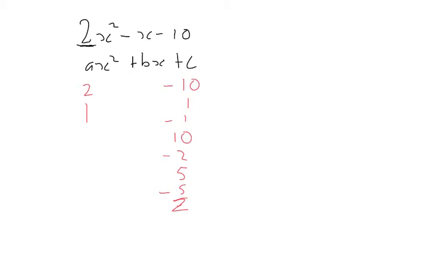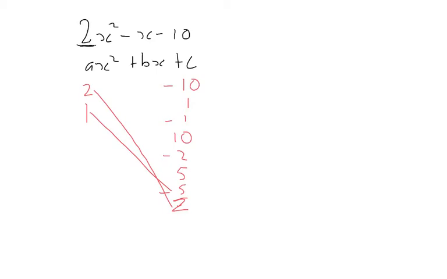So if we look at 1 times minus 5, that's minus 5, plus 4. 2 times 2 is 4. So the 2 has to be times by the 2, and the x has to be times by the 5.